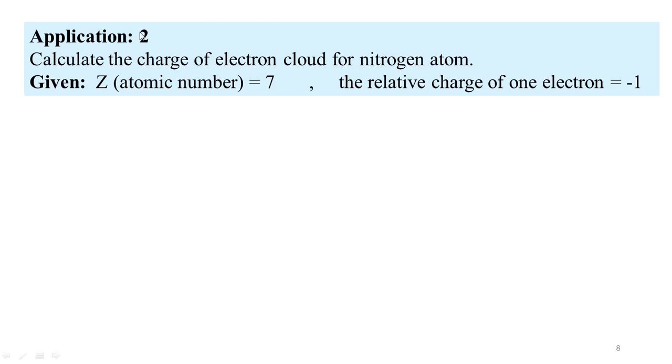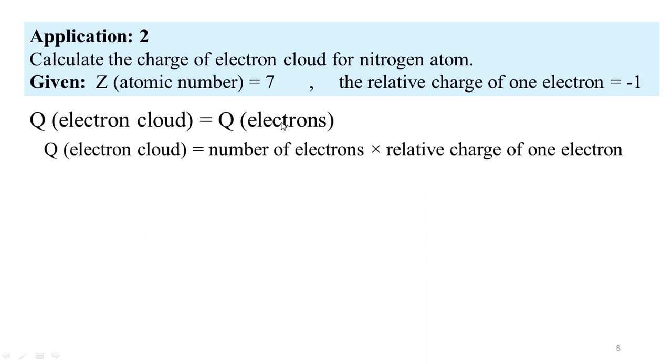So moving to application number 2. Here in this application, you have to calculate the charge of the electronic cloud for a nitrogen atom. Given the atomic number is equal to 7, and the relative charge of one electron is equal to minus 1. So again, you have to write the charge of the electronic cloud is equal to the charge of electrons only, and they are equal to the number of protons times the relative charge of one electron.